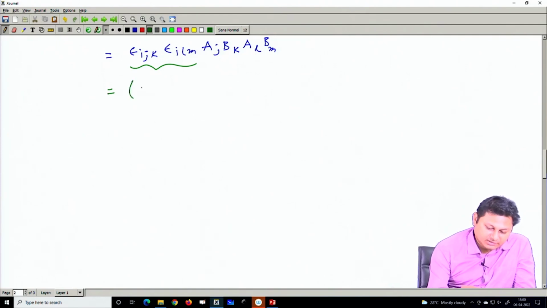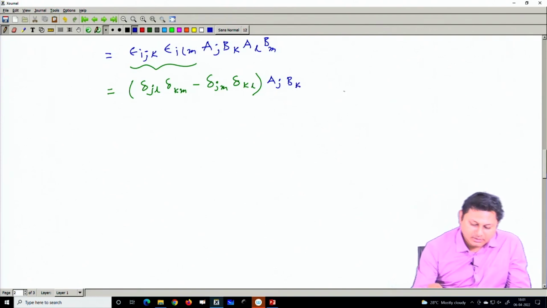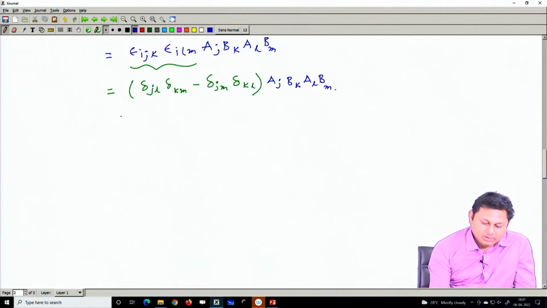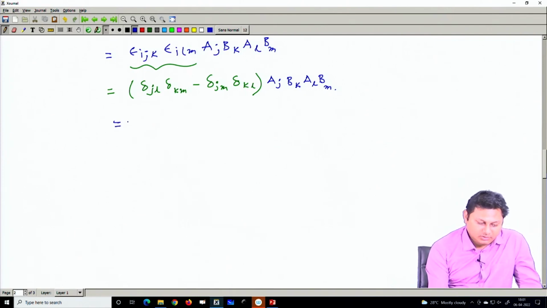If it is i, then it should be delta j l delta k m minus delta j m delta k l, multiplied by the rest of the terms, which is A j B k, and then A l B m. Okay. So, if I execute this, what do I get?